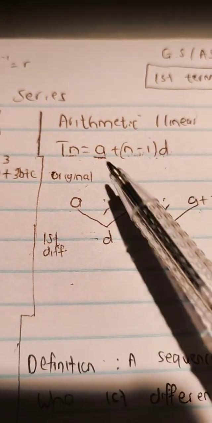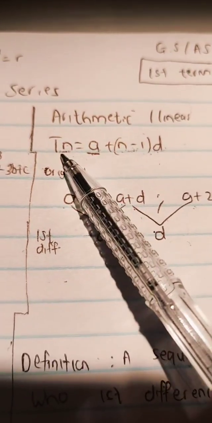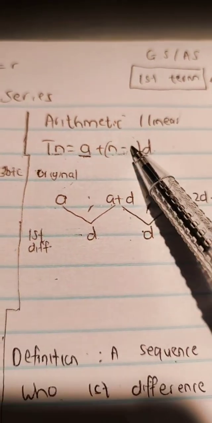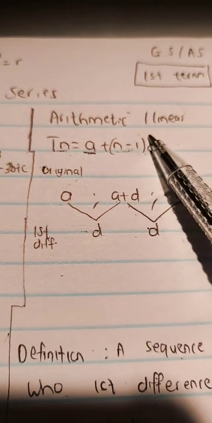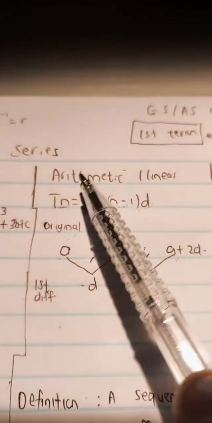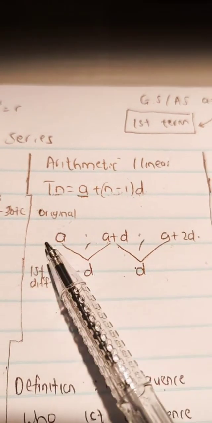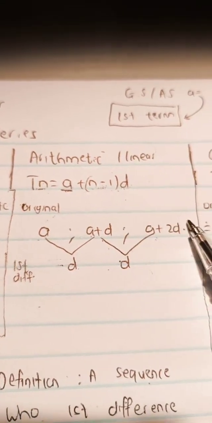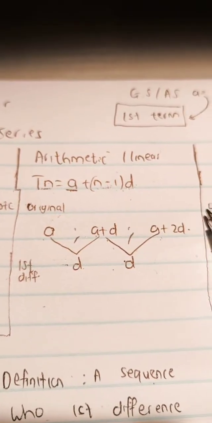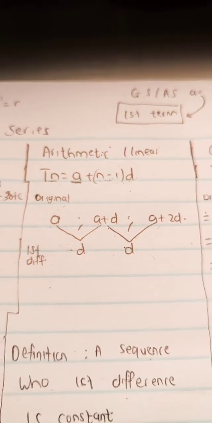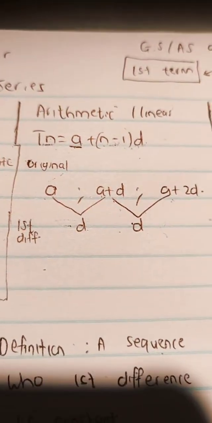That's term 2. Term 3, you substitute 3 in the place of n. 3 minus 1 gives you 2. 2 times d is 2d. You have a plus 2d. That's term 3 of your arithmetic sequence. So you have term 1, a, term 2, a plus d, term 3, a plus 2d. Can you guys tell me what the fourth term is for your arithmetic sequence in terms of a and d?